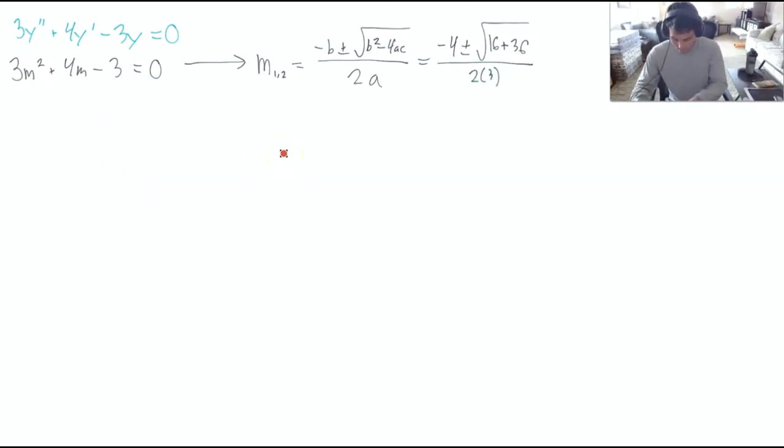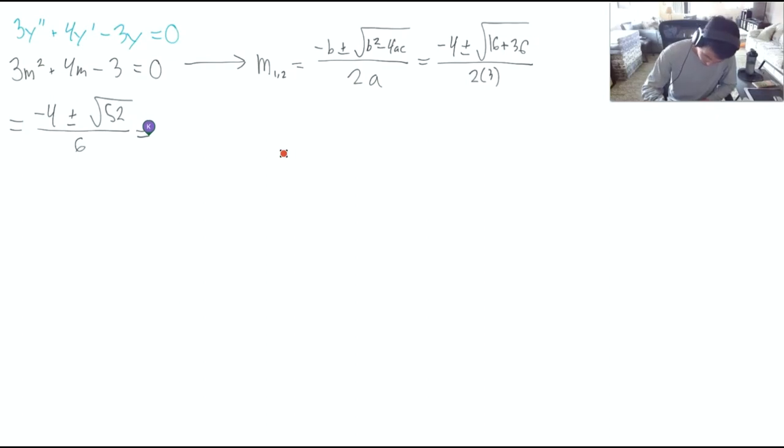Okay, so we'll simplify this over here. We get negative 4 plus or minus the square root of 16 plus 36. That's going to be 52, over 6. Instead of writing it as 52, I'm going to write it as 4 times 13.